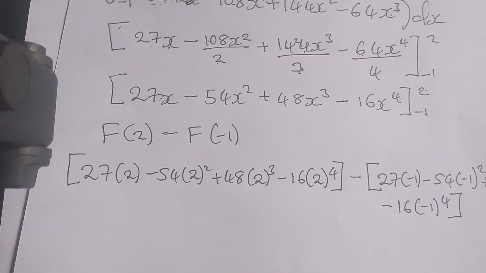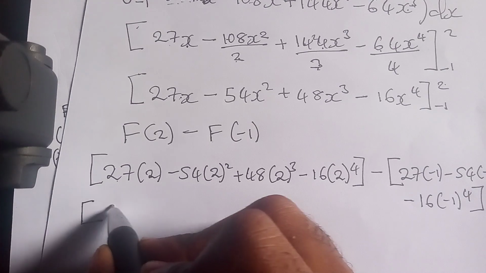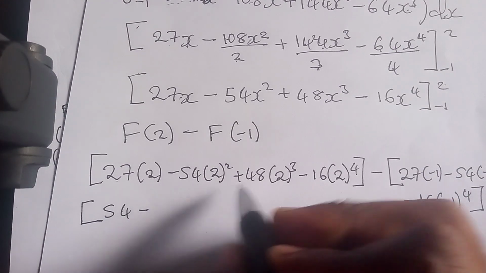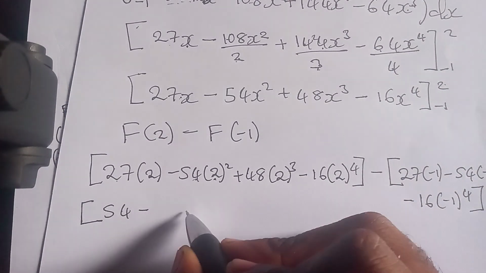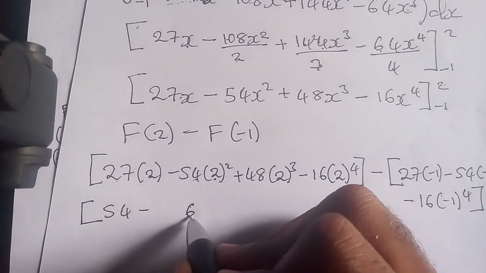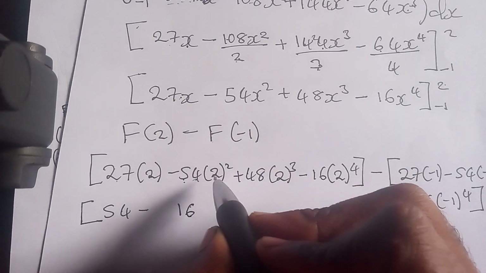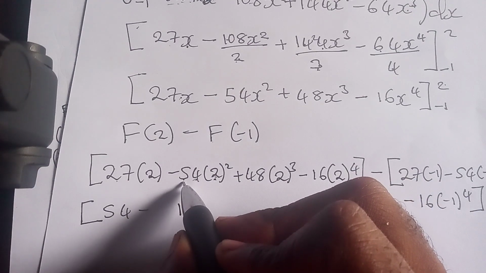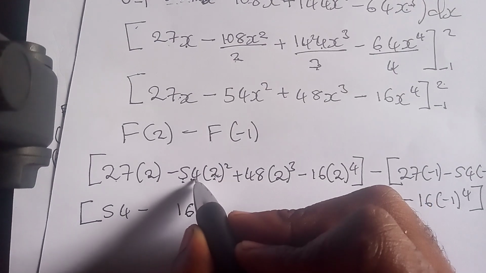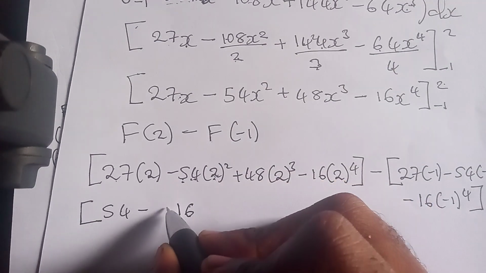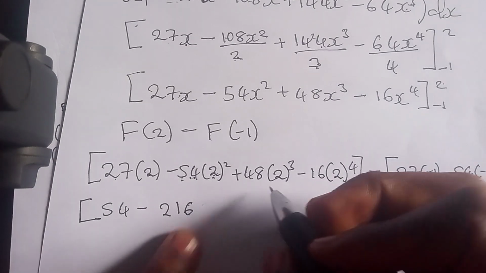Then we can evaluate. So 27 times 2 is 54. And then 54 times 4 is 216.